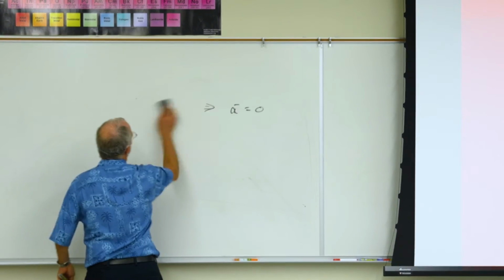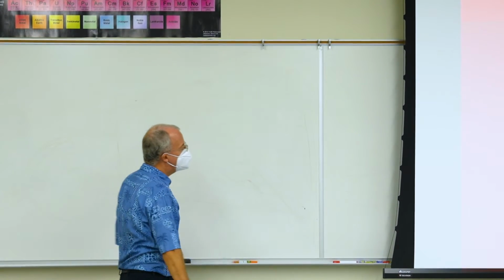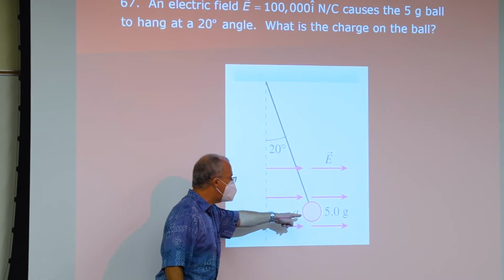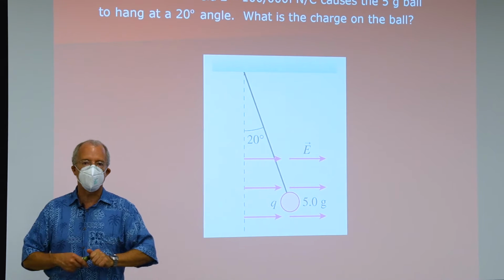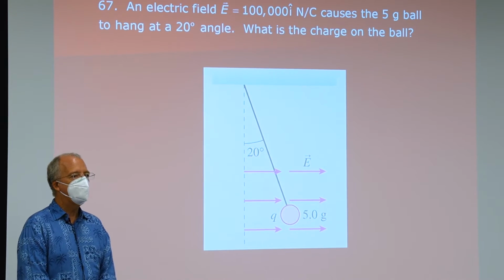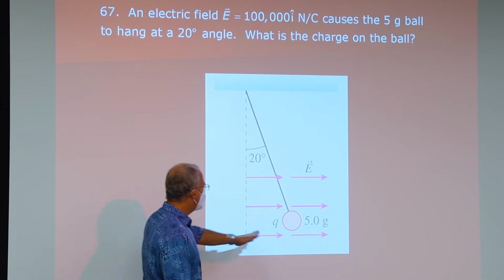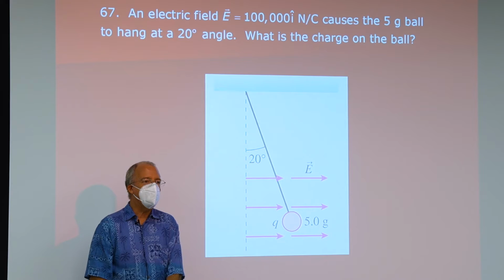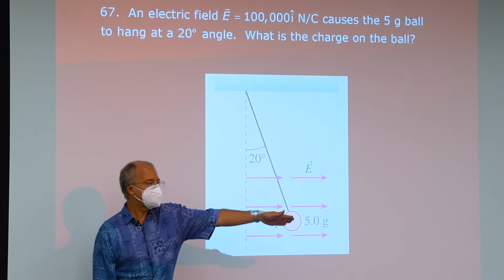Okay, now, the E field points to the right. So is this thing a positively charged particle or a negatively charged particle? Okay, if there were no E field, what would this thing do? Straight down. Okay, so there is an E field and it goes this direction.